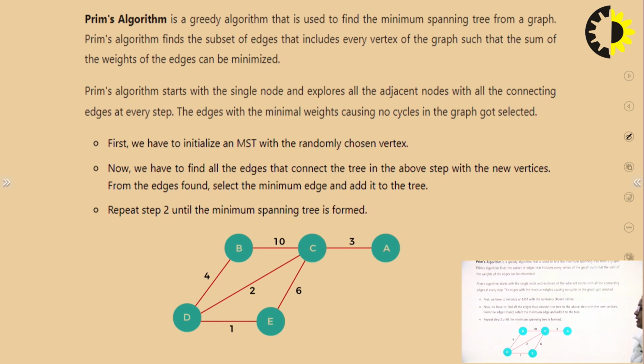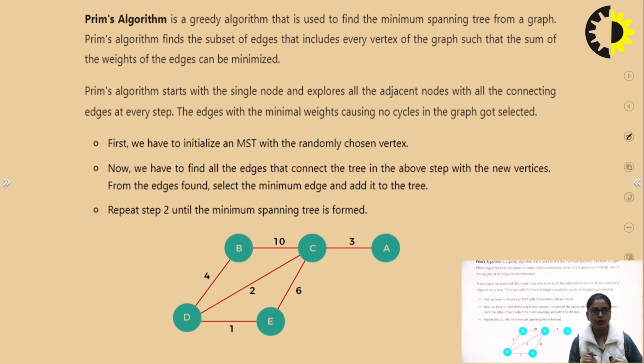Now, the next is Prim's algorithm. It is a greedy algorithm that is used to find the minimum spanning tree from a graph. Prim's algorithm finds the subset of edges that includes every vertex of the graph such that the sum of the weights of the edges is minimized. What is the basic difference between Kruskal and Prim?